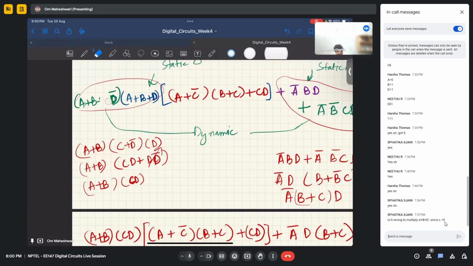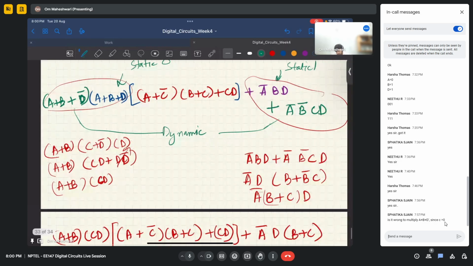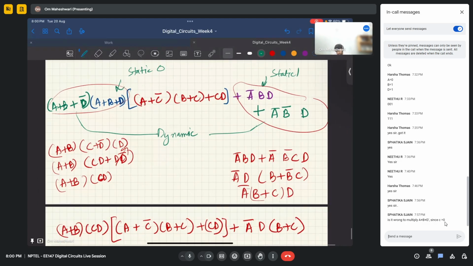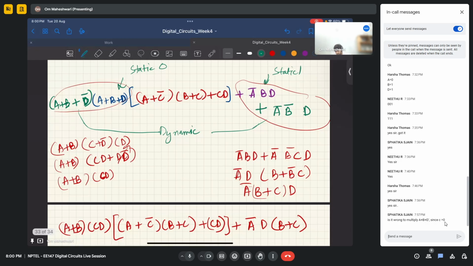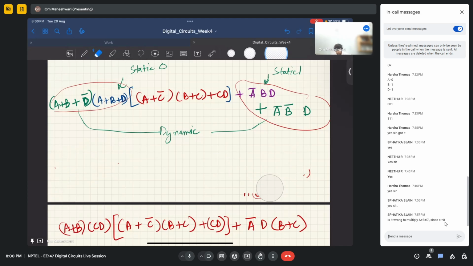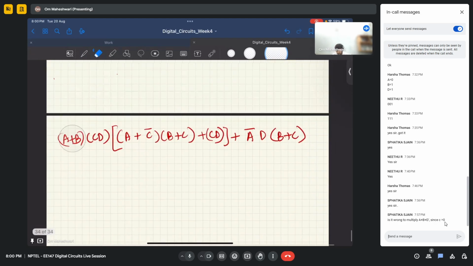I will resolve this, don't worry. I'm just trying to see what we are getting. We need to remove this. Let us do the dynamic part again.